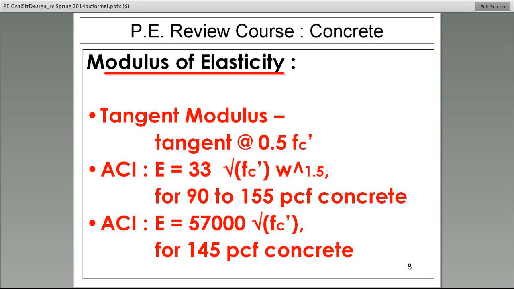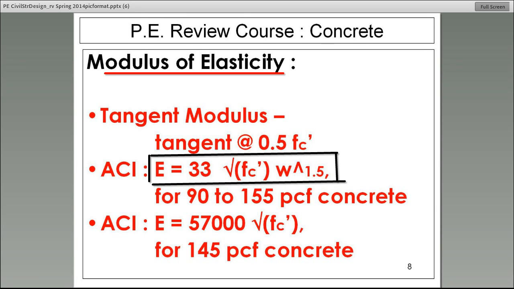So this is what we need to do. Please learn this equation here. E, modulus of elasticity for concrete, is equal to 33 times the square root of F prime C times W to the power of 1.5. W, guys, you need to understand what W is.